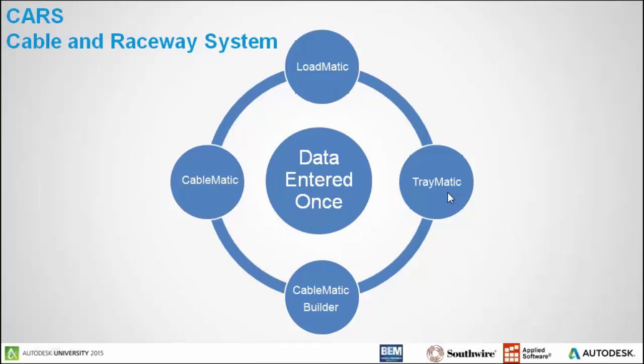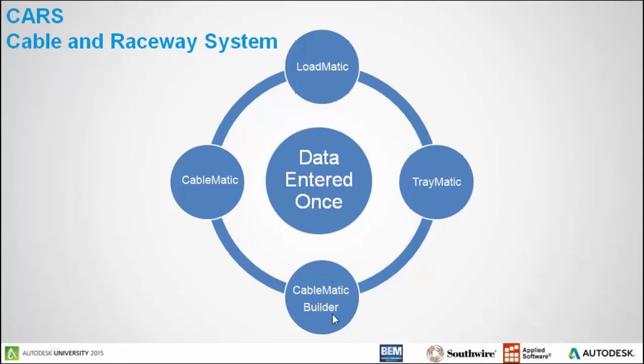Traymatic is our modeling module where we will design our raceway systems and locate our equipment. And then Cablematic will be able to be used to automatically route these cables. After the cables are routed, Cablematic feeds the information back into LoadMatic, where we will apply the voltage drop and make any cable size adjustments based on the voltage drop that we learn from the actual route lengths.